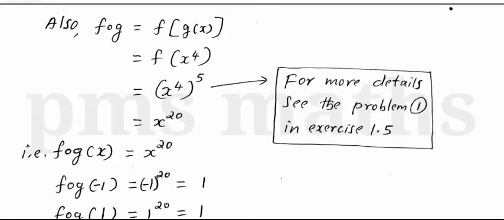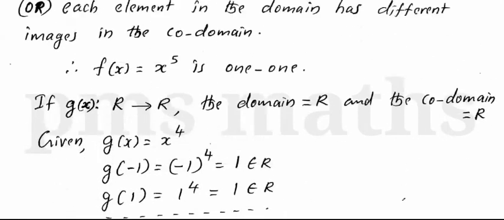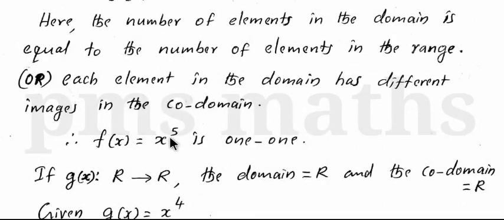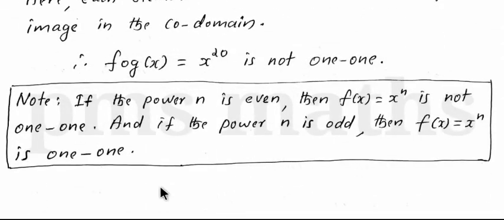In g of x, the power is even. Therefore, it is not a 1-1 function. In f of x, the power is odd. Therefore, it is a 1-1 function. Therefore, we can say if the power is even, it is not 1-1. If the power is odd, the function is 1-1.